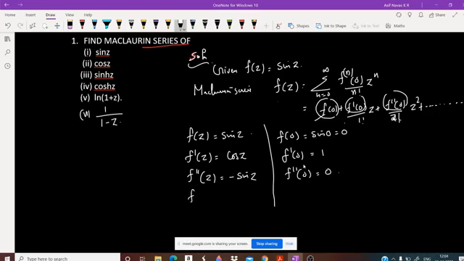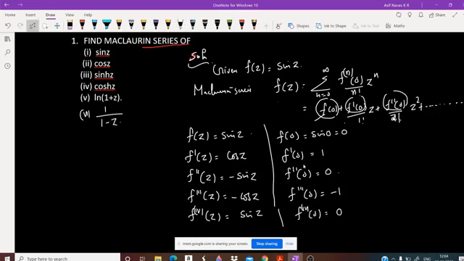So similarly we will find f triple dash of z. Derivative of minus sin z is minus cos z. So f triple dash of 0 is minus cos 0, which is minus 1. Now f fourth derivative of z is the derivative of minus cos z, which is sin z. So f fourth derivative of 0 is sin 0, which is 0.